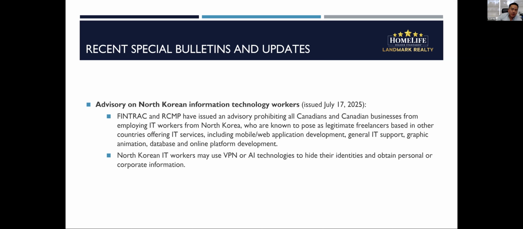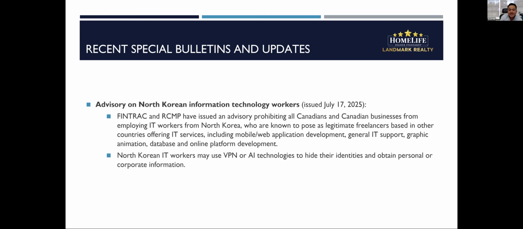But the point is, these IT workers will often pose as legitimate freelancers based in certain other countries. They're not going to tell you that they're from North Korea, but they may pretend to be a freelancer from the US or a freelancer from Canada. And then they may offer general IT support or IT services, graphic animation, or even online platform development.